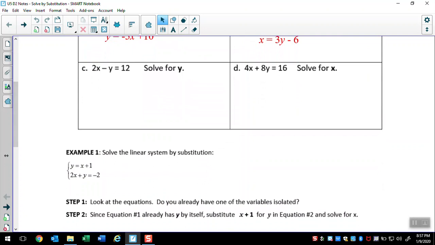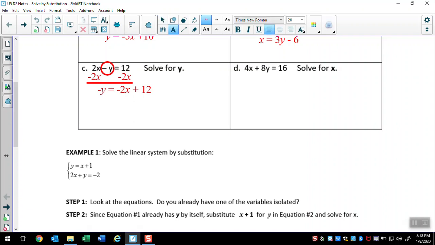Alright, let's take a look at c. This time we need to solve for y again. Pay attention because in front of y is that negative sign, or the subtraction sign. So we're going to include that with the y. It really means there's a negative 1 there. Alright, let's get that 2x over to the other side by subtracting. We're left with negative y equals negative 2x plus 12. So remember we said that that's like saying that there is a negative 1 in there.